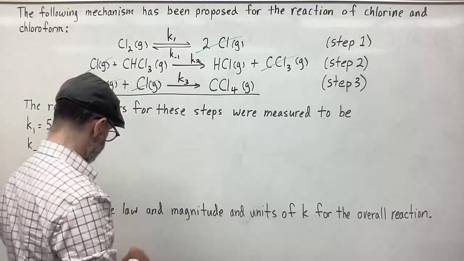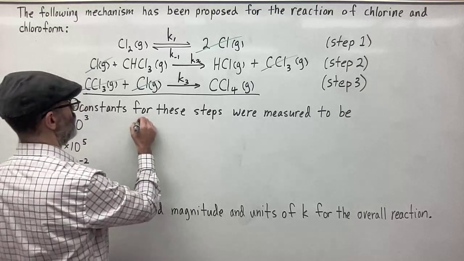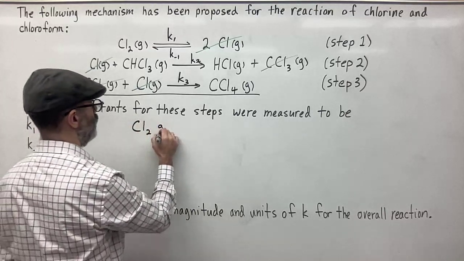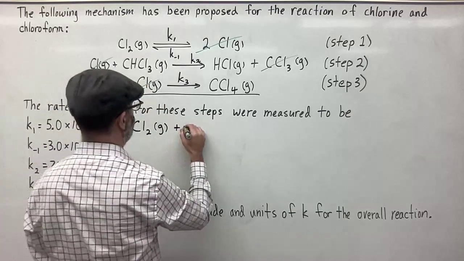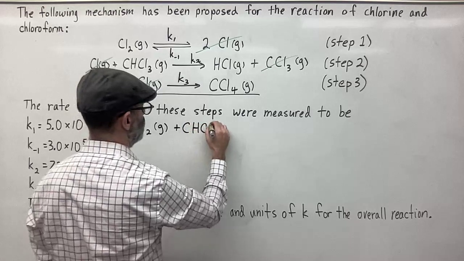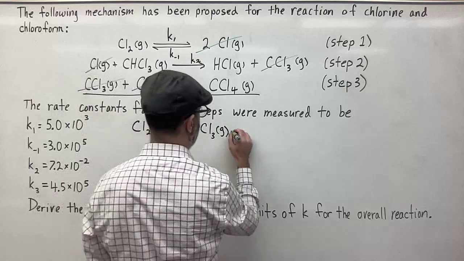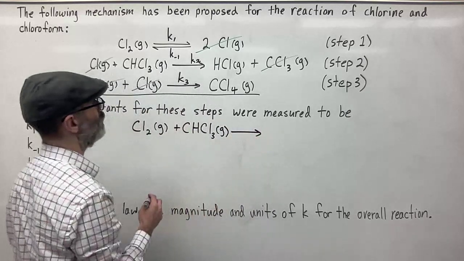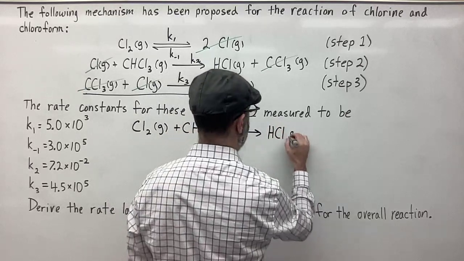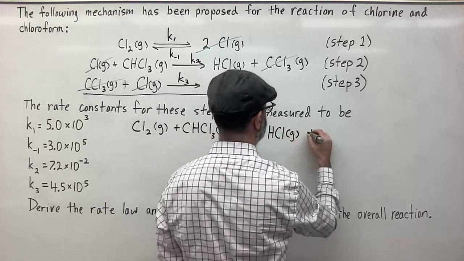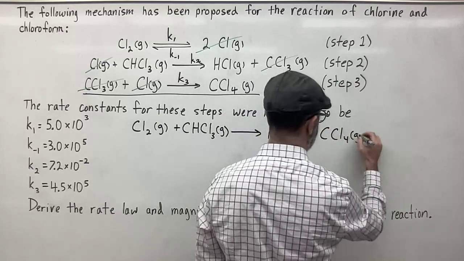So now I have the overall reaction. So let's write that down. So we have Cl2 gas plus the chloroform, CHCl3 gas, and then that's going to go to HCl gas plus CCl4 gas.